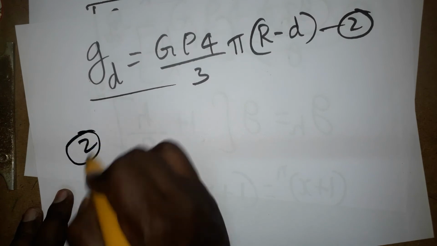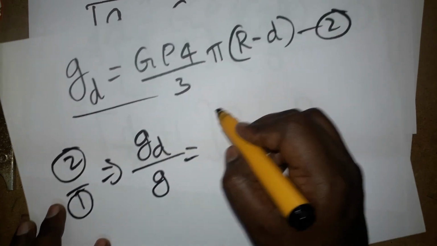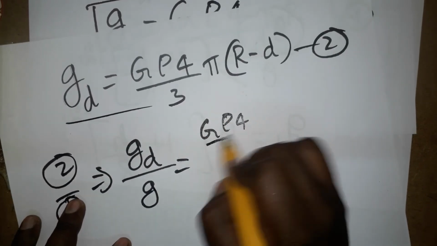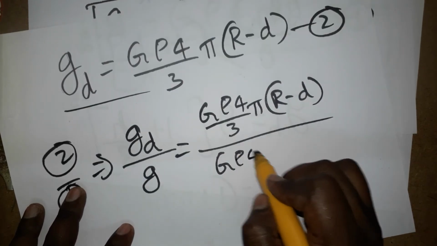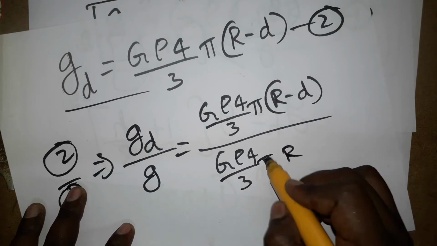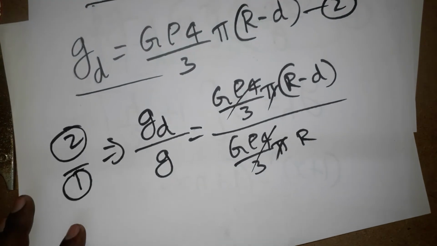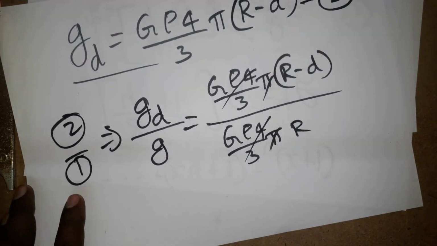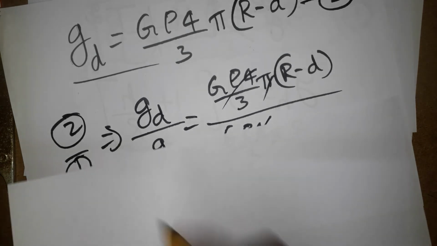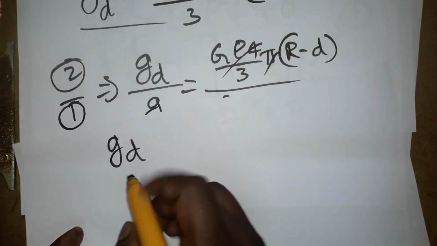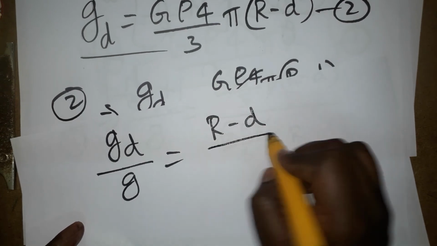So equation 2 divided by equation 1. The gravity at depth divided by the gravity is equal to G rho 4 by 3 pi (R minus d) divided by G rho 4 by 3 pi R. All the terms are common and cancel, so only R minus d divided by R remains.